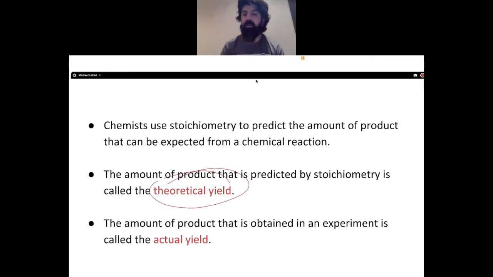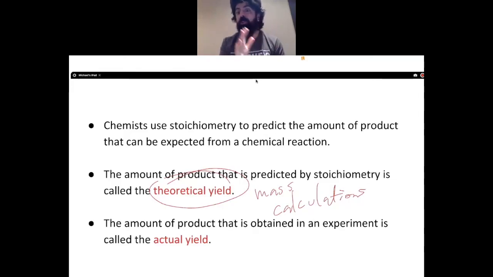The theoretical yield is a fancy term for the mass calculations in a stoichiometric problem or a limiting reactant problem. That's really what the theoretical yield is.